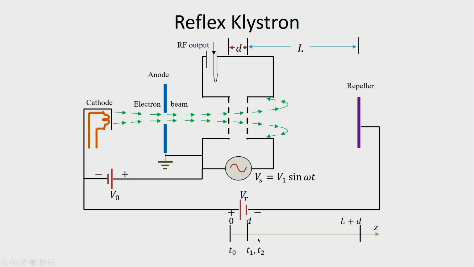Now, here d is the distance between the grids, T0 is the time when an electron enters, T1 is the time when it leaves this cavity after being velocity modulated, and T2 is the time when the electron comes back to the same cavity again after travelling certain distance.